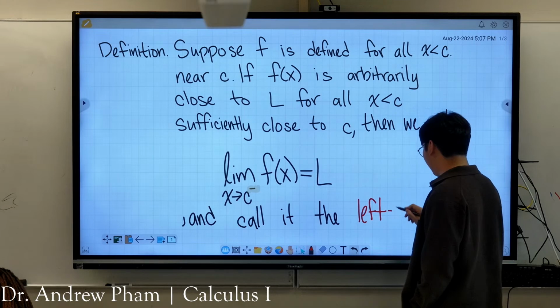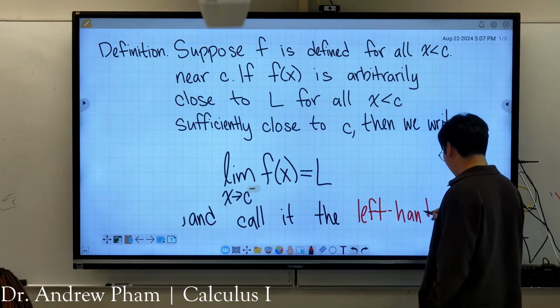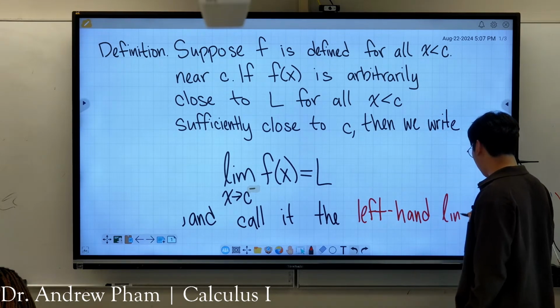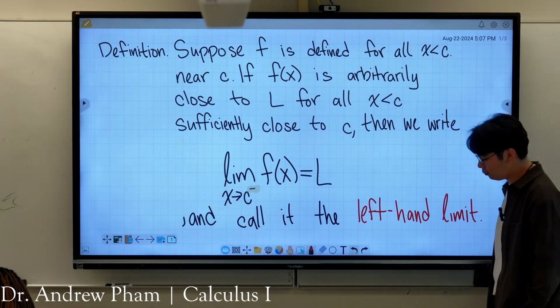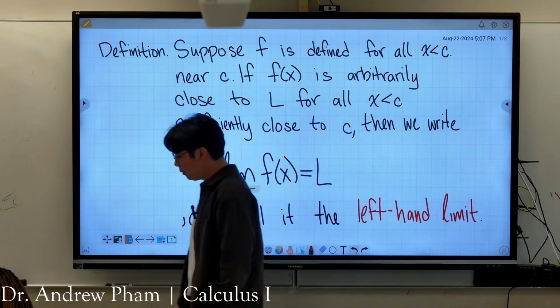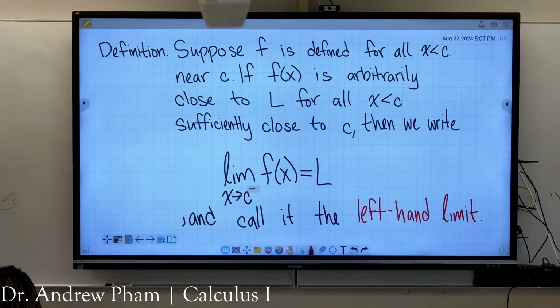Keyword here is left limit. If you see this minus superscript, then this means that we're working to the left of c. Whenever we had our regular limit, we looked to the left and the right. This time, we're looking only on the left.